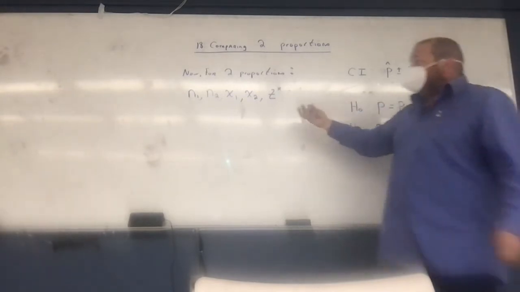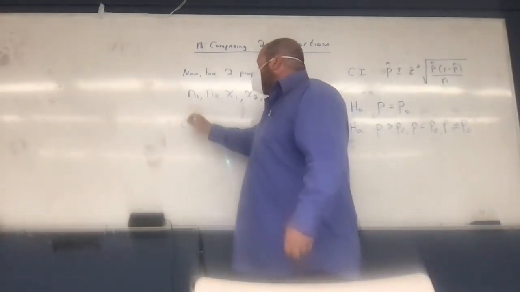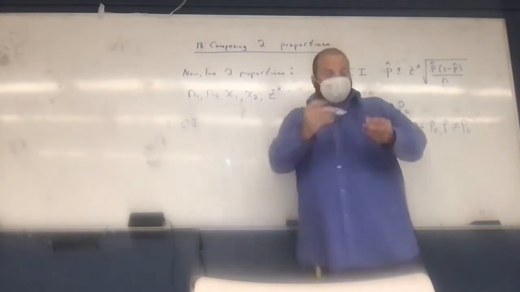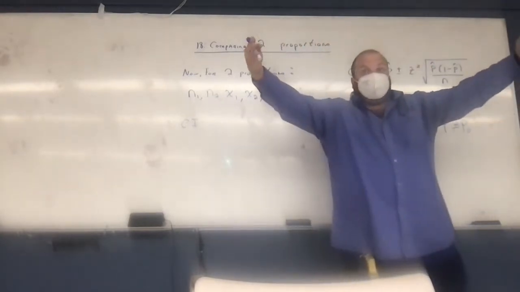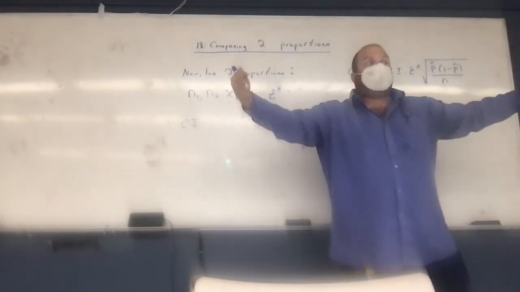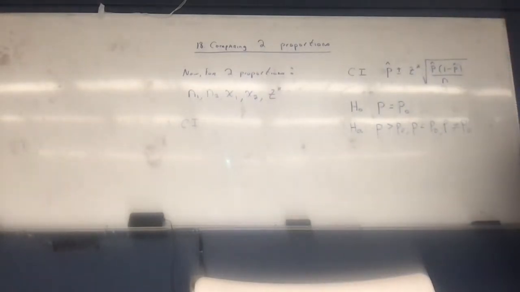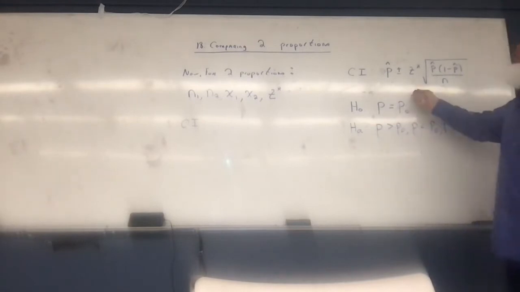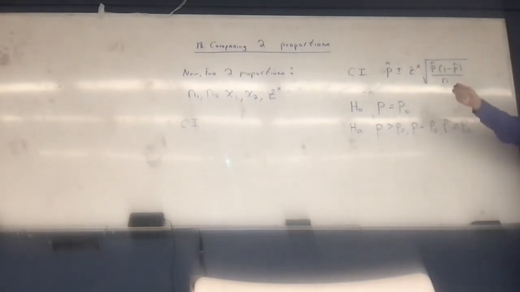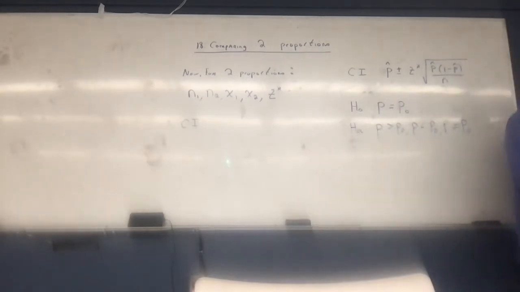So what am I after now for two proportions? What's my confidence interval for? My confidence interval, which at the end of the day is an interval, what am I trying to catch there? Here I was after the proportion, a very specific thing, the population proportion. That's what I'm trying to catch. What am I trying to catch here? Well, better, worse, I don't know what better means. Sometimes the smaller value is better.